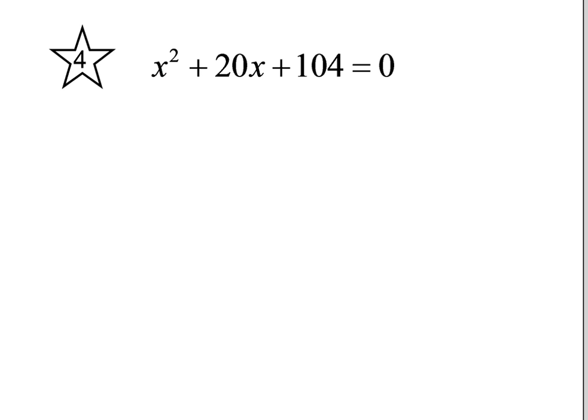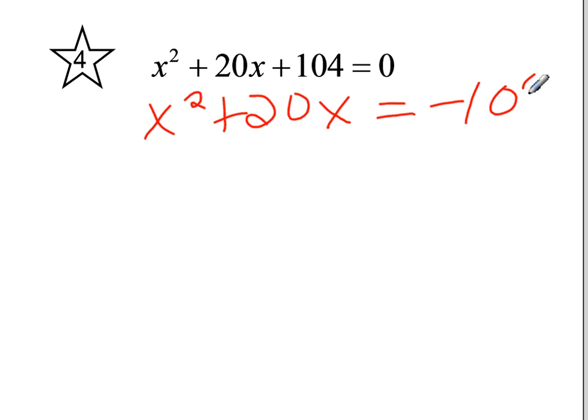So first step is to put my 104 on the other side of the equal sign. All right, this time b is 20, so I'm going to take half of 20, squared.